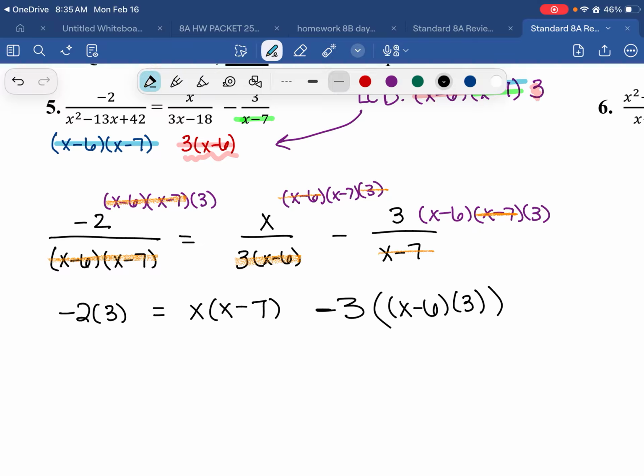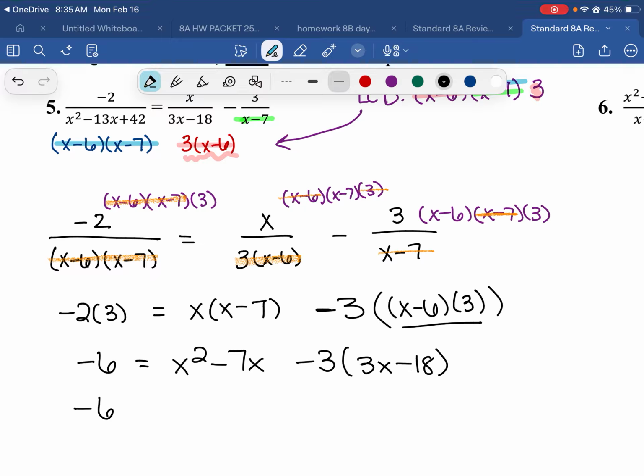With that, you have negative 6 equals x squared minus 7x. I'm going to leave that 3 here, and I'm going to do the first multiplication. 3x minus 18 minus 6 equals x squared minus 7x minus 9x plus 54.